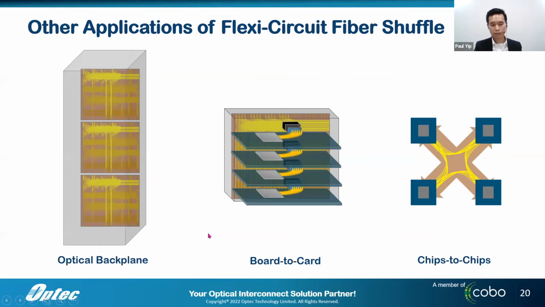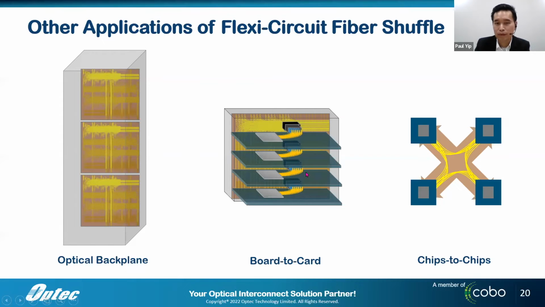Fiber shuffles can be used in a lot of other applications. These are just some examples, like an optical backplane. You can think of a rack holding a few thousand fibers. And board to card, or actually the fiber is on the card, connected to the backplane.